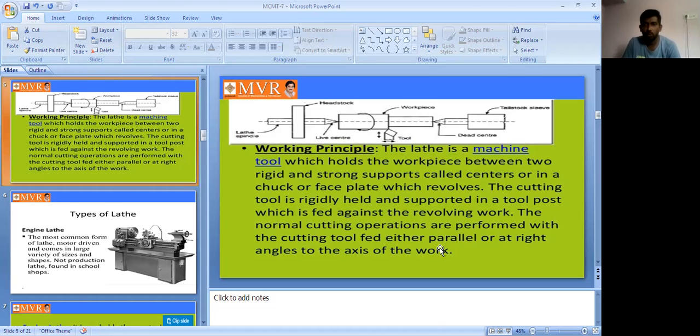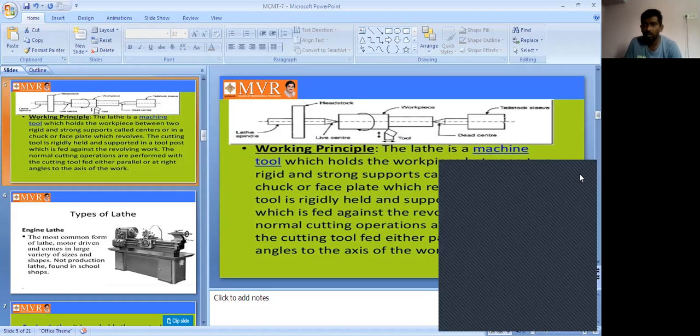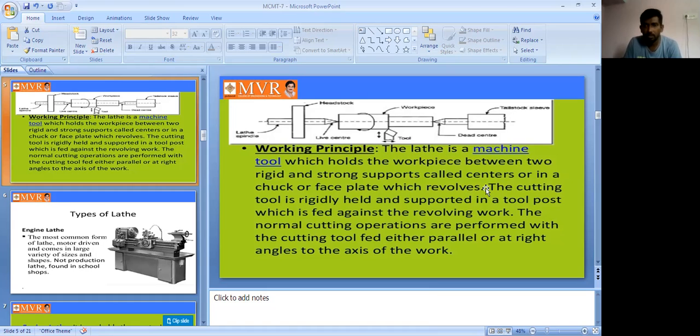The lathe is a machine tool in which the workpiece is fixed between two supports, which we call the centers.